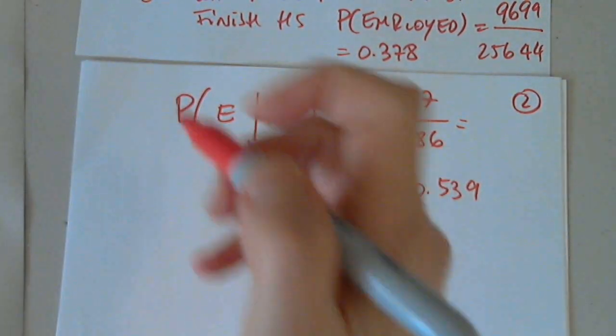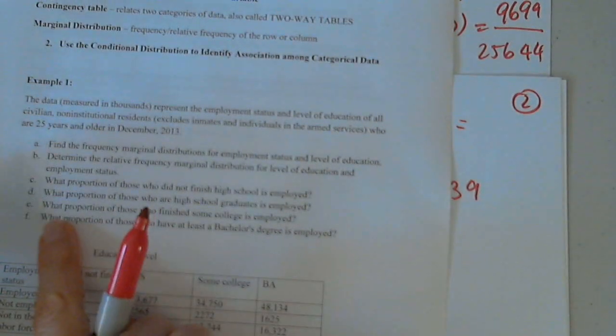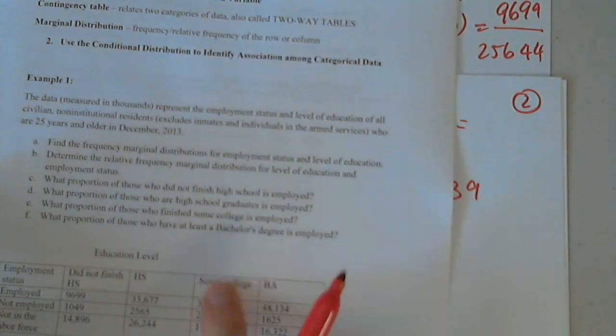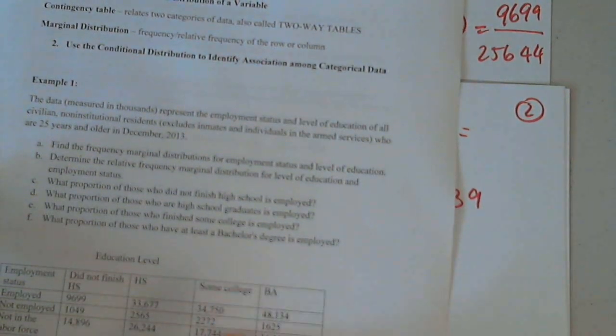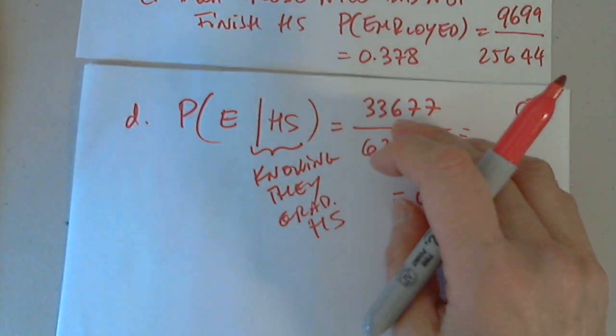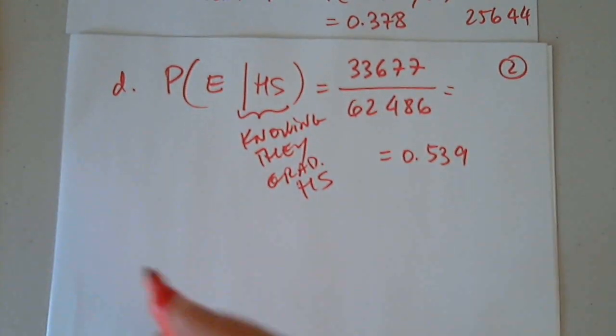Next question. So this was part D. Next question, E. What proportion of those who finished some college, this is the third column, is employed? So this time we want this divided by this. So it's another conditional probability.